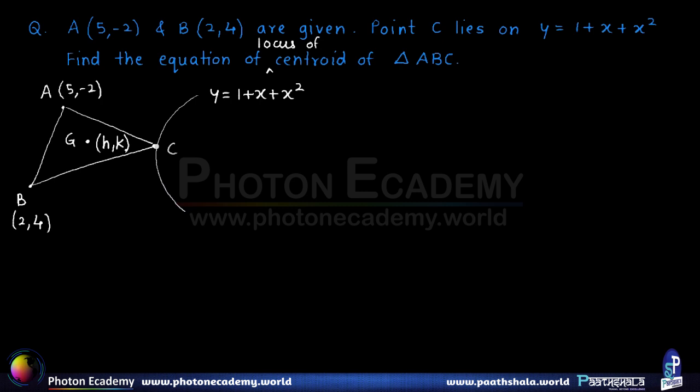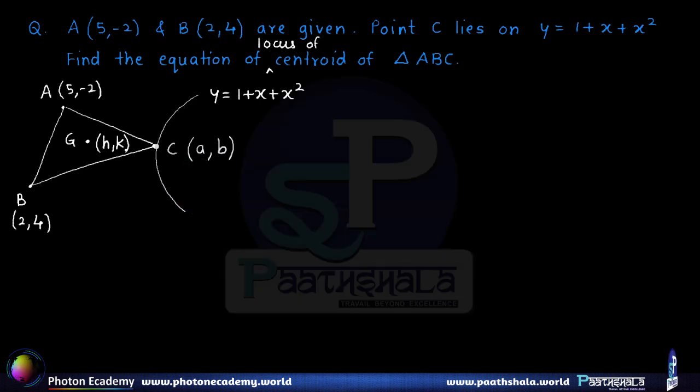So let's call its coordinates (a, b), because here we cannot use h and k again. Now to find the locus of the centroid means we want to find the relation between h and k, isn't it? So we must look for how we can write the conditions in terms of h and k.